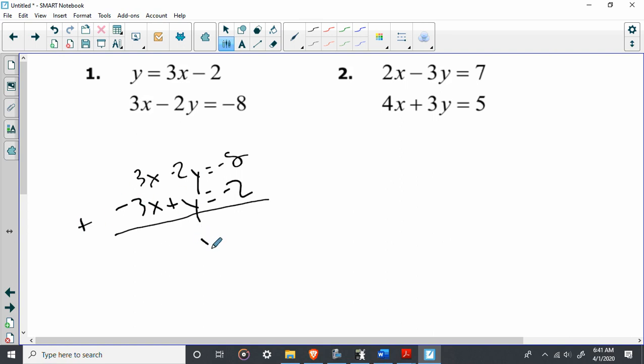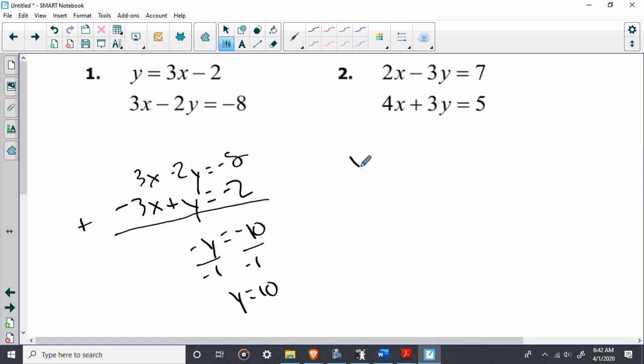This becomes y, and this becomes negative 10. I'm sorry, negative y becomes negative 10. Good. Then we're going to divide by negative 1, and getting y to be equal to 10 was pretty straightforward. Now, getting x out of it is going to be a little bit more difficult.